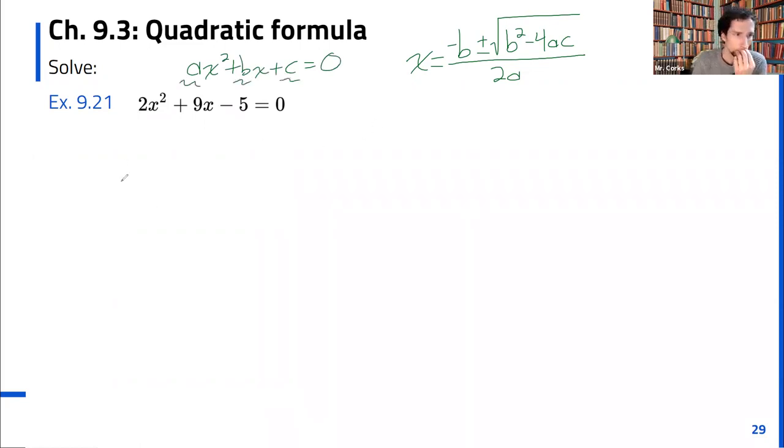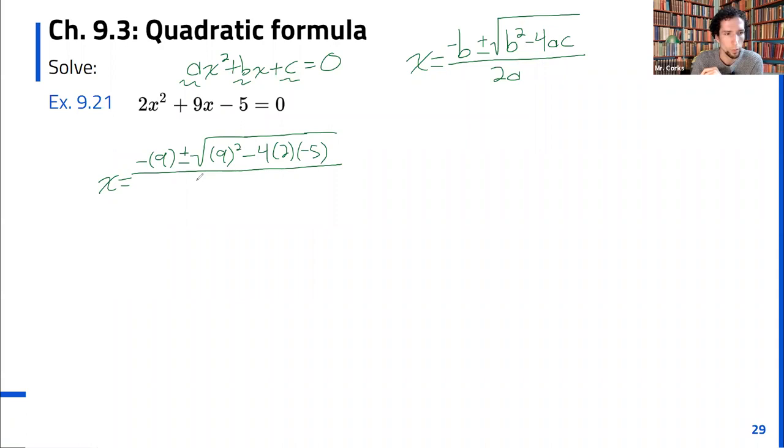All right, so if we have this, then our x will have probably two solutions for our x value. So -9 plus minus square root of 9 squared minus 4 times 2 times -5.